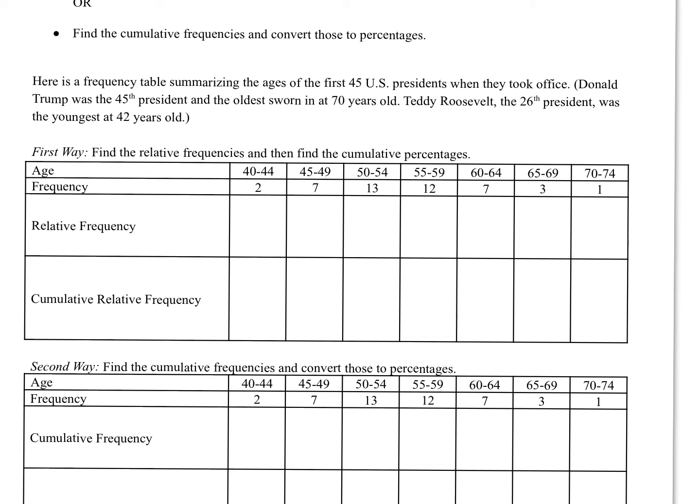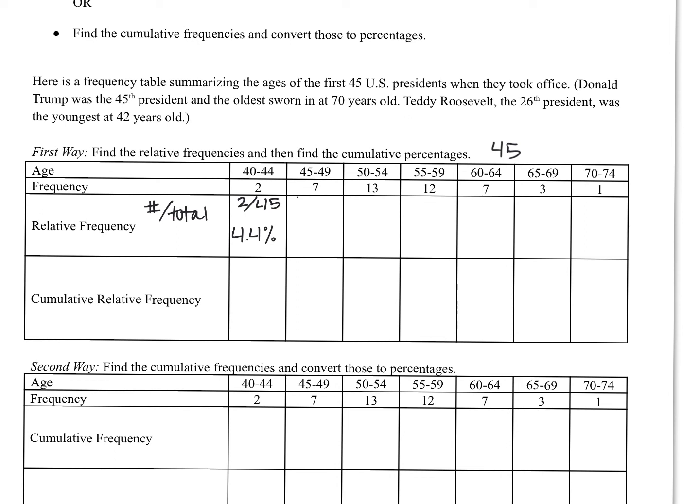So when we're looking at relative frequency, what we're looking at is the number over the total represented as a fraction. So we already know we're looking at 45 U.S. presidents. So the relative frequency for the first range is 2 out of 45, which as a percentage is 4.4%.